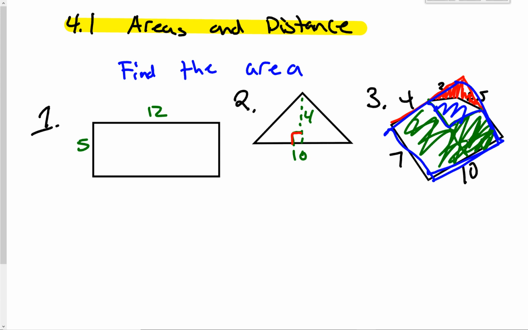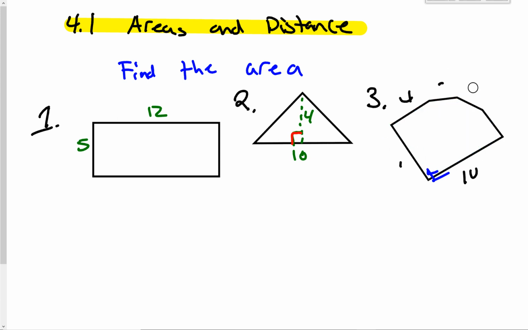So this chapter is going to look at areas and distances and how to figure them out. What it turns out is that we can use the idea of shapes we know the areas of, mostly rectangles. So if I can take this 10 and cut it apart into evenly spaced rectangles, it doesn't really matter the size.